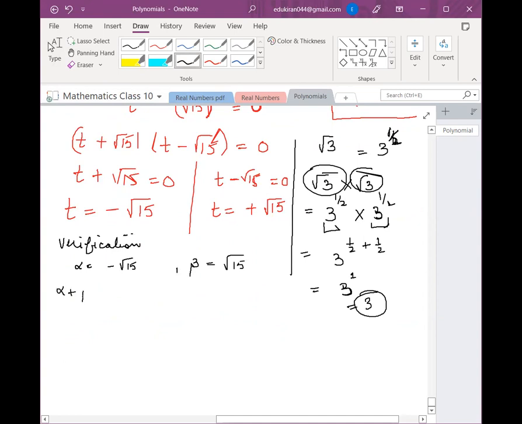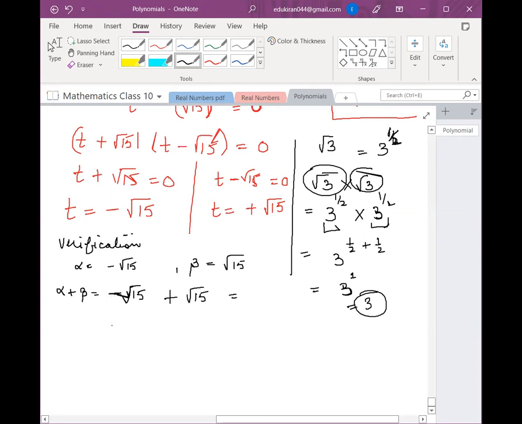Let's check. So alpha plus beta is how much? Minus under root 15 and plus under root 15. So what will I get? Plus minus is minus, right?